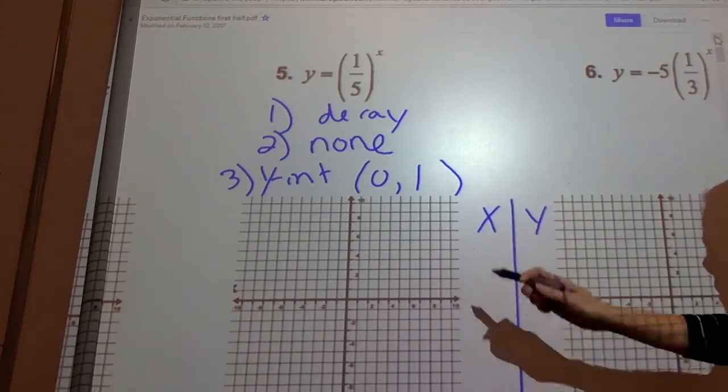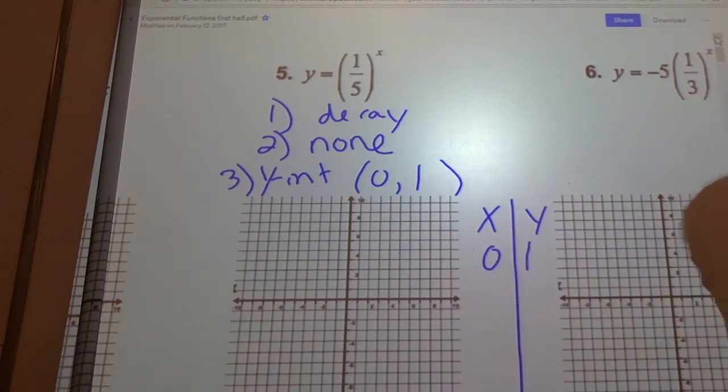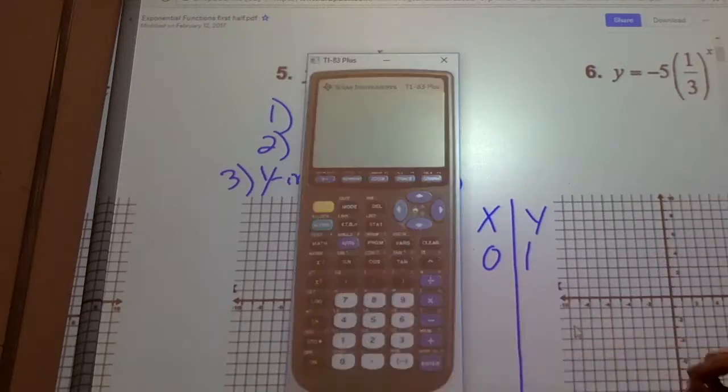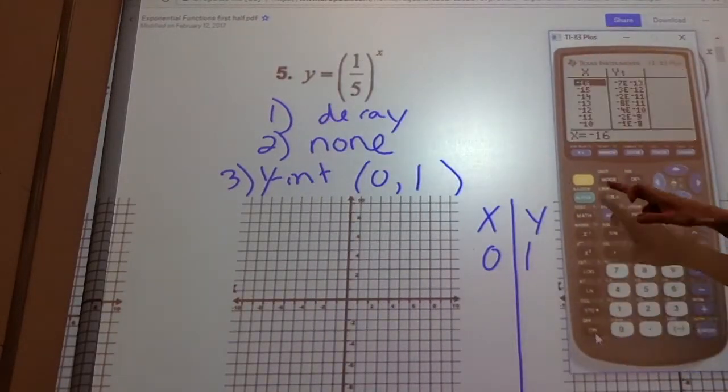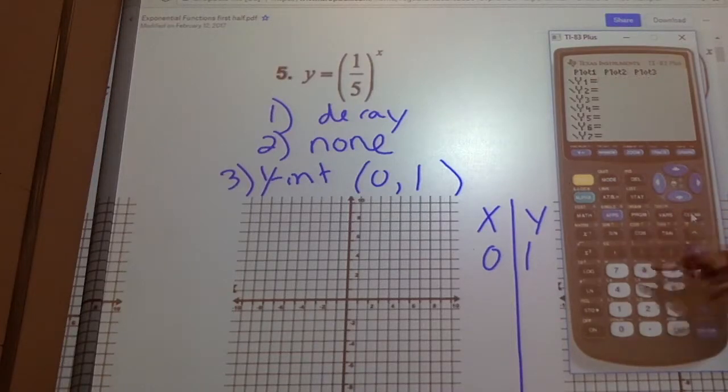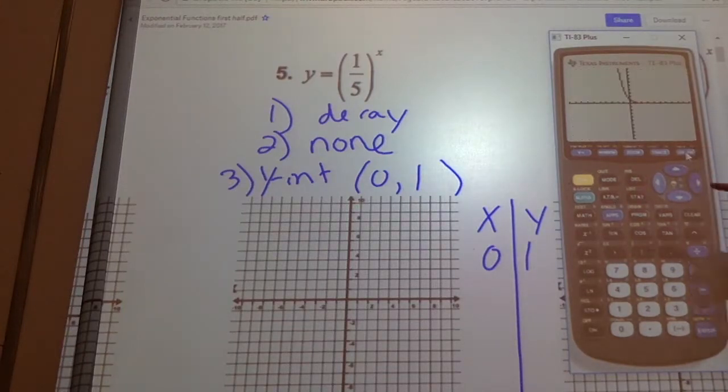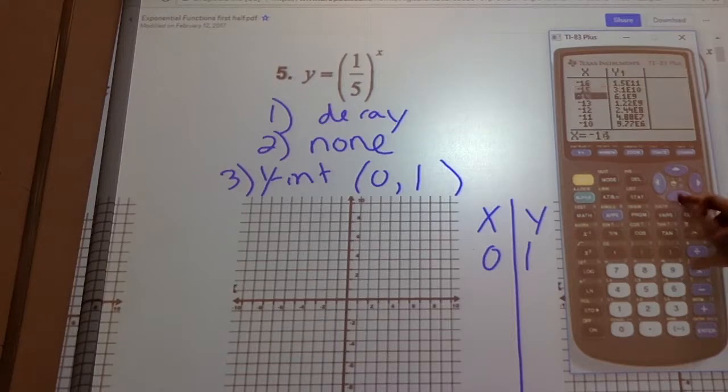So to graph this, I already have a point, 0, 1, but let's find some other points. When you put this in the graphing calculator, you do need parentheses: parenthesis 1 divided by 5, parenthesis, to the x power. You need parentheses. And yet we can see a decay. See how it's coming down? For the second graph, go to my table.